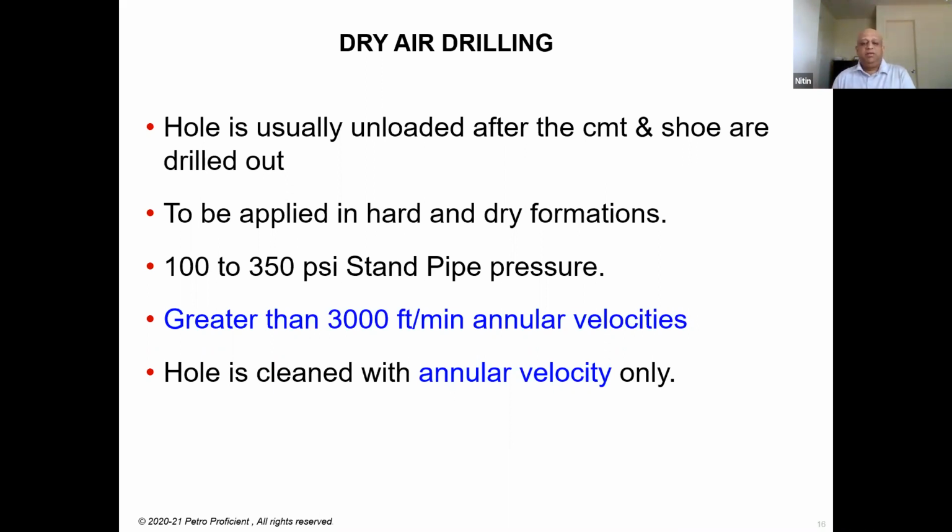Here, the hole cleaning is done using annular velocity and not viscosity. The velocities are so high and the particles are so small that the high velocity of air being injected into your drill pipe and into the annulus will basically clean the hole. So there is no viscous fluid in the well having any kind of properties for suspending cuttings.